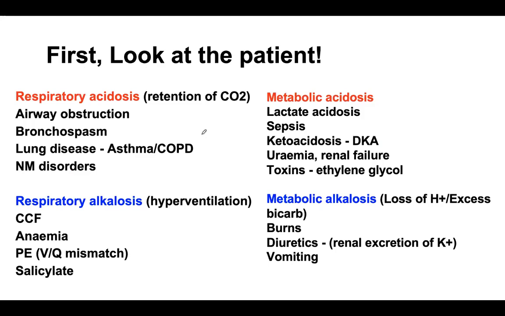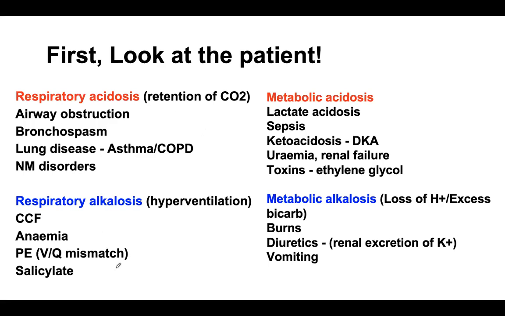So I think this slide just summarizes some of the common conditions that will ultimately give you a respiratory acidosis, so a retention of CO2, a decrease in pH, so things like infective exacerbations of COPD, asthma, bronchospasm, neuromuscular disorders such as myasthenia gravis, which decreases the respiratory rate because they're not breathing as well as they should be, and patients become acidotic.